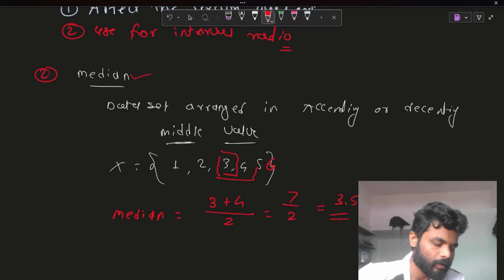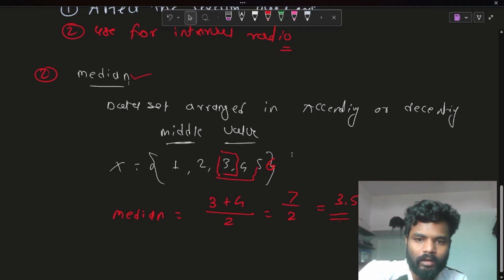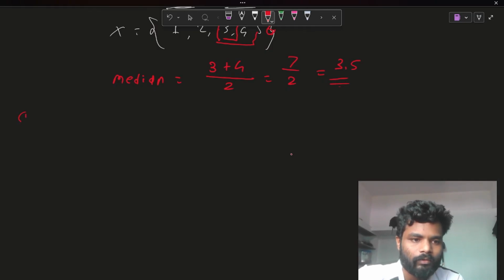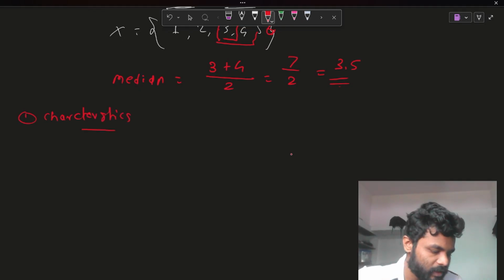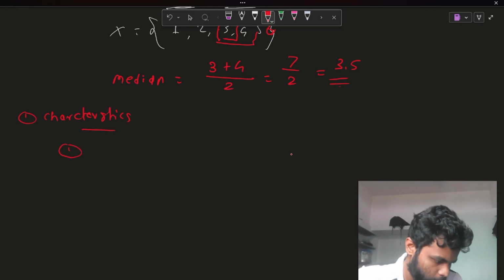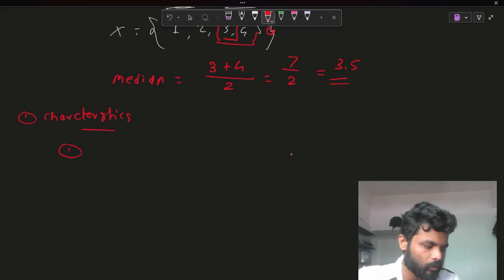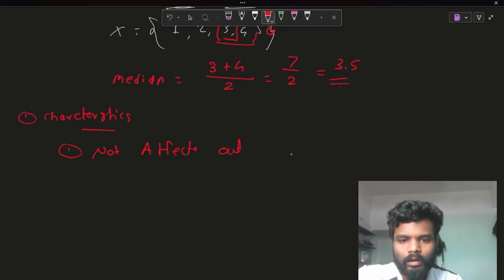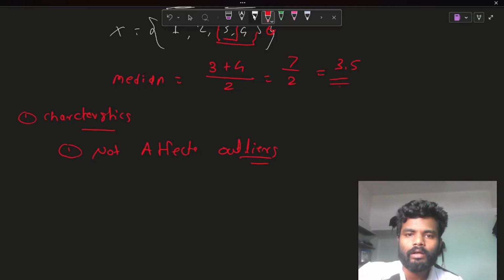When you talk about statistics, there's another interesting thing: the characteristics. One characteristic is that the median is not affected by outliers.